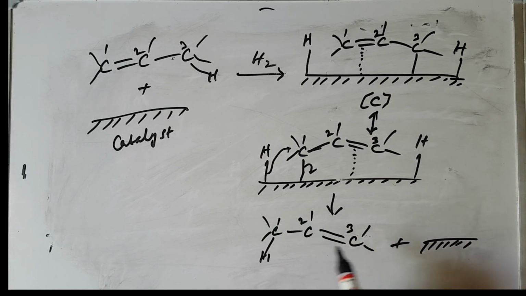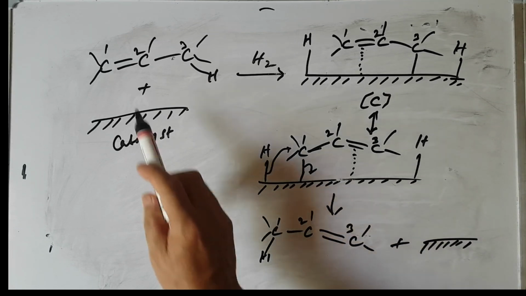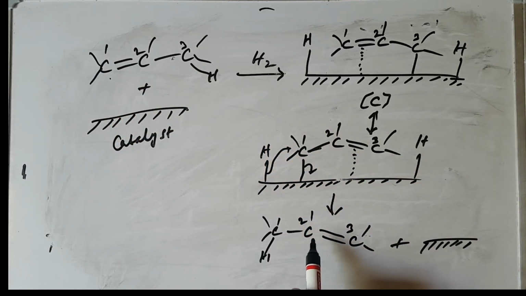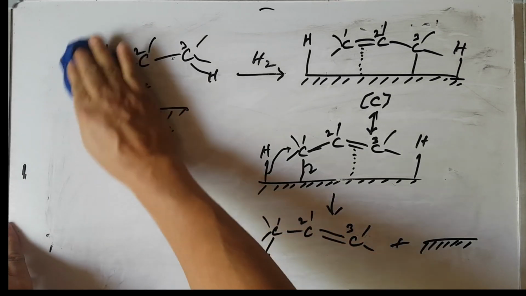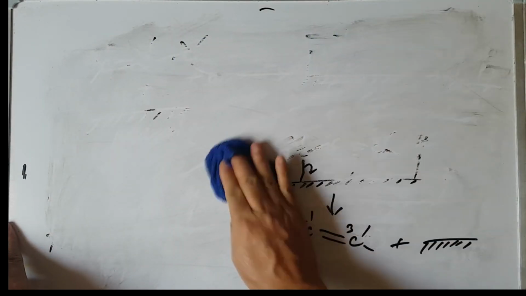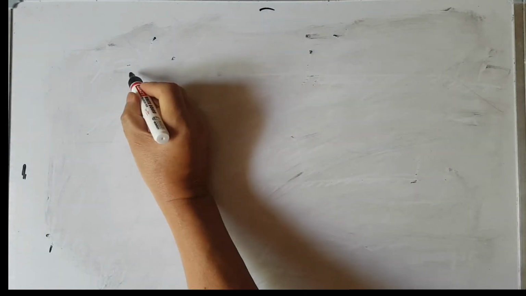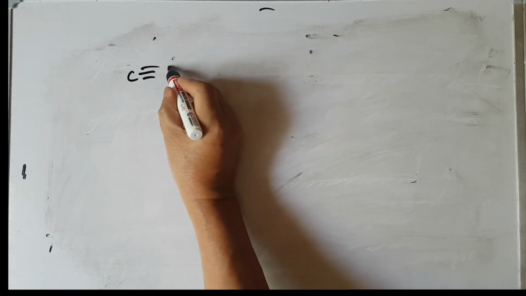So isomerization sometimes takes place this way. The bond is between 1, 2, but the final product has it between 2 and 3. Isomerization can take place by hydrogenation also. This is another mechanism. I will give some examples for even triple bond compounds, not only olefin compounds. Triple bond compounds can also undergo this.